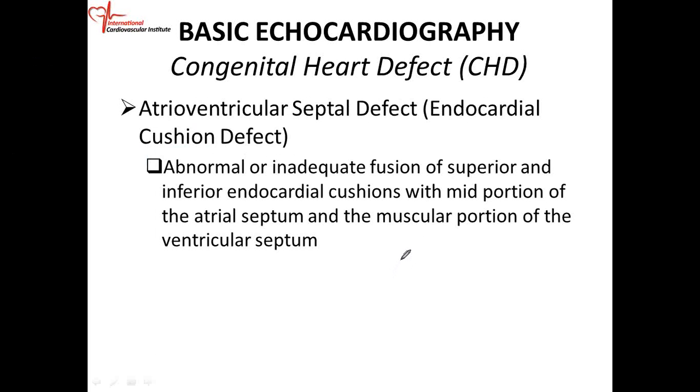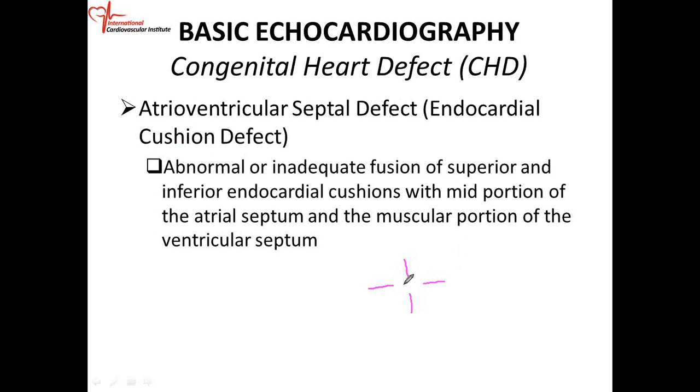So when we talk about your endocardial cushion, the septum in the heart is sort of formed from one structure in embryonic life. They usually have a portion coming from the atrium, a portion coming from the ventricle, and then the AV valves. Okay? And these structures usually come together.